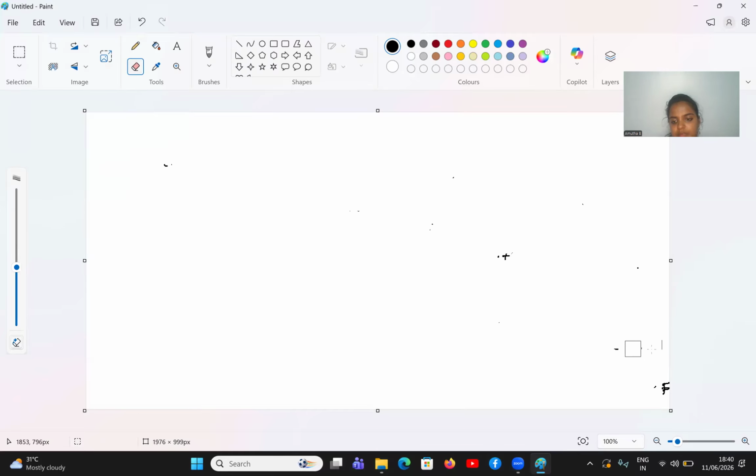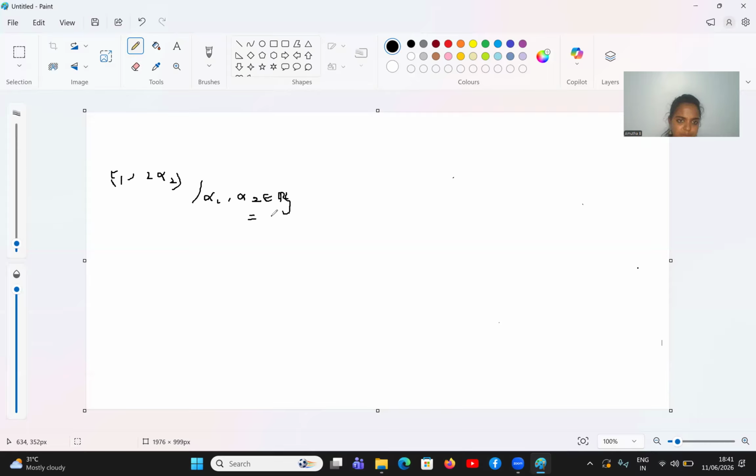How can we say this? We can tell that the set {(alpha 1, 2 alpha 2) : alpha 1, alpha 2 belongs to the real numbers}, which is equal to R2 over R, which is equal to the whole vector space.